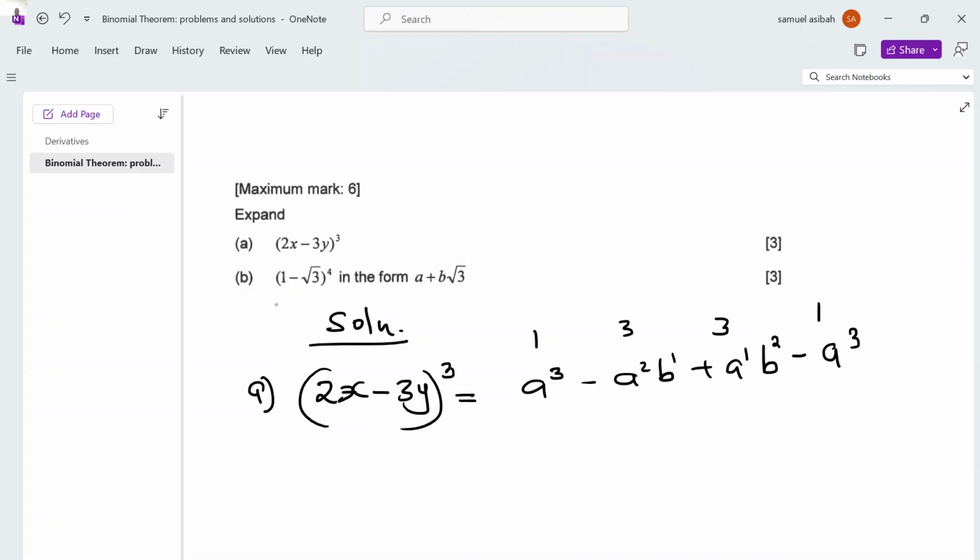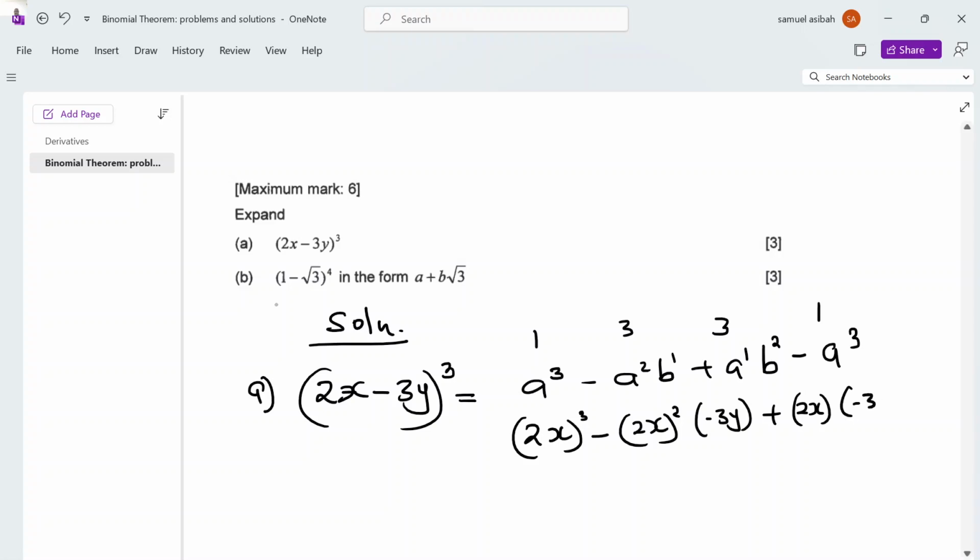This one becomes easier. Then our A is 2x, so we just fix them, 2x cubed. Minus, we have 3, then we have 2x squared. Now our B is negative 3y. Then plus 3, A, which is 2x, then our B is negative 3y squared.